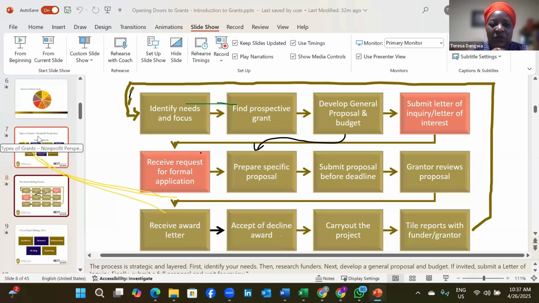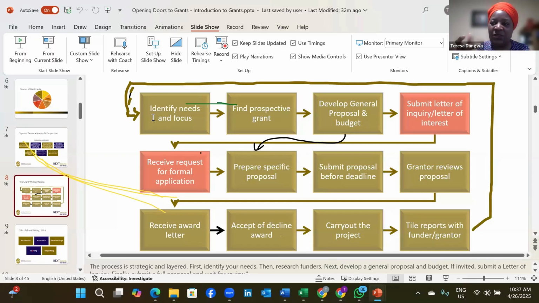So the process for applying for a grant starts right here, where it says identify need and focus. I don't know if you can see my cursor. Sometimes people go and find the money and then try to make that money fit what is going on with them. You don't identify the funding first.